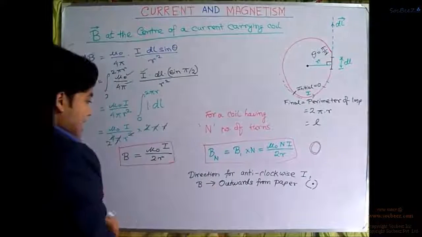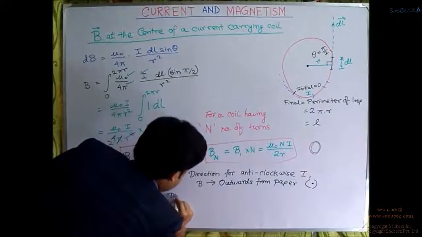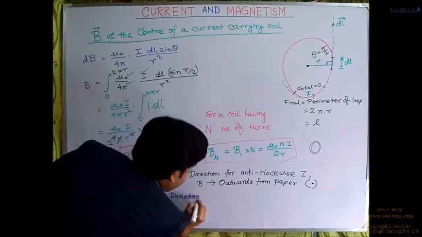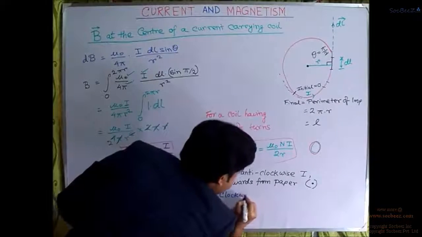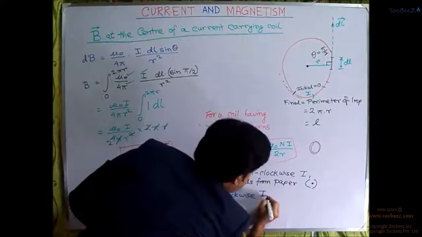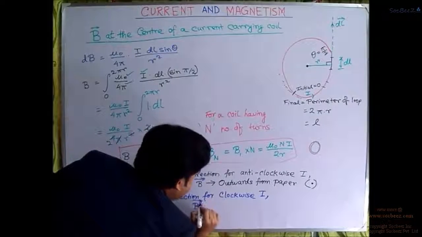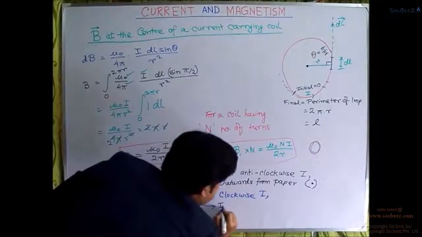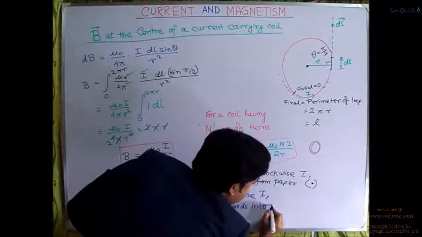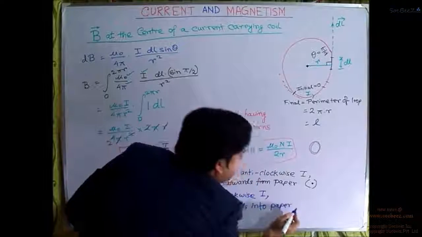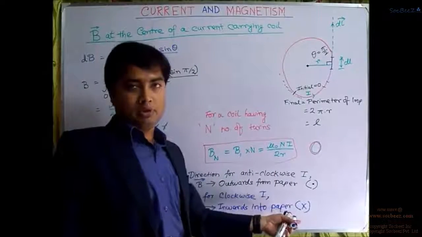And if the current I is clockwise, then the direction of B will be inwards, into the paper or whiteboard, and is denoted by this cross symbol, right?